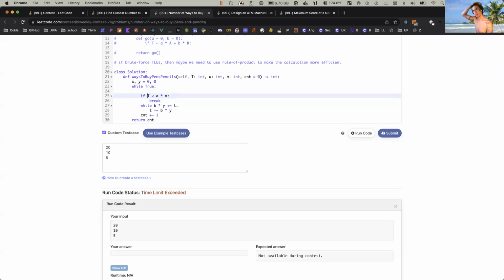Wait a sec. This is the maximum amount of A's we can get, T divided by A, right?